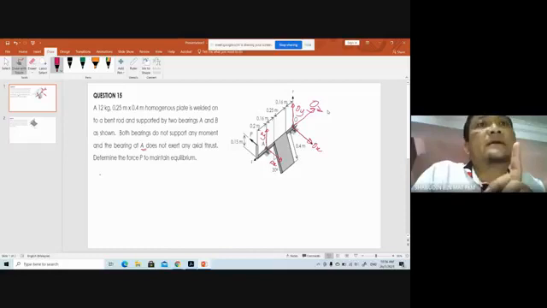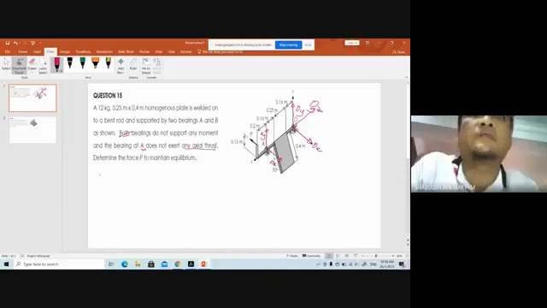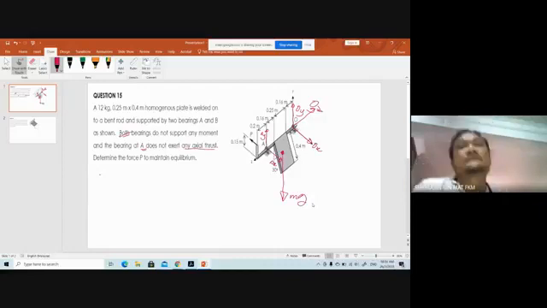It says both bearings do not support any moment, and the bearing at A does not exert any axial thrust, which means it doesn't say so for bearing B. The most complicated part is that MG is here, MG is down there, so the most complicated for you is the plate.